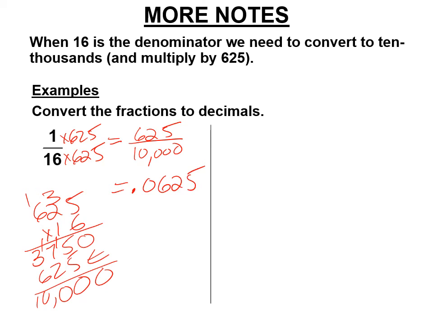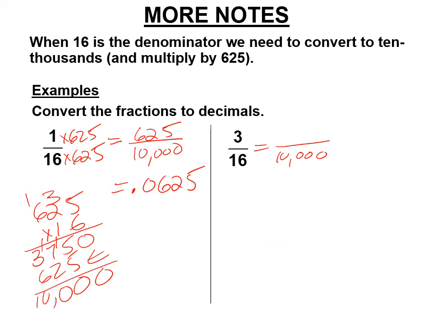All right, if 1/16 is that, what is 3/16? When you have a 16th, you're not going to 1,000, you're going to 10,000. Remember, 4/16 is 1/4, which goes to hundredths, but you can't simplify 1/16 and 3/16.